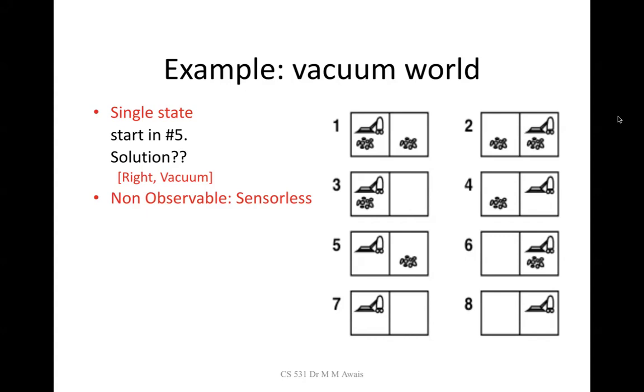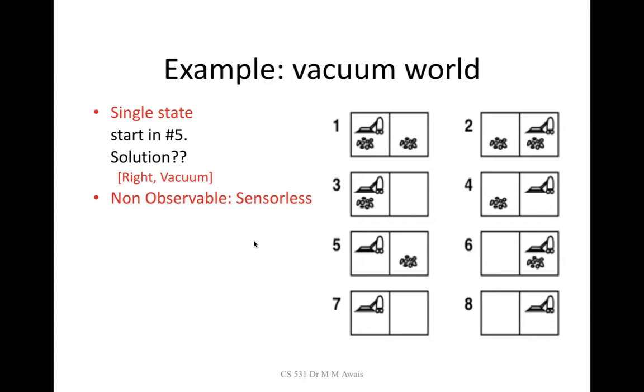Right? So what would be the solution in this particular scenario? What could be the solution? What would you suggest? If you are writing an agent function, and let's suppose the robot is working perfectly and all of a sudden the sensors start malfunctioning and are not working anymore, how would you respond to that situation?